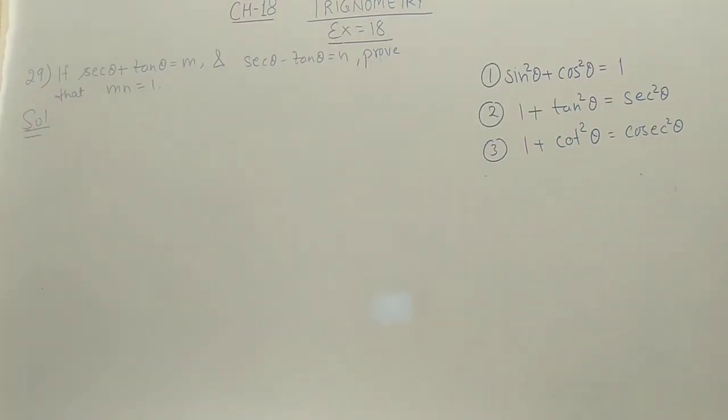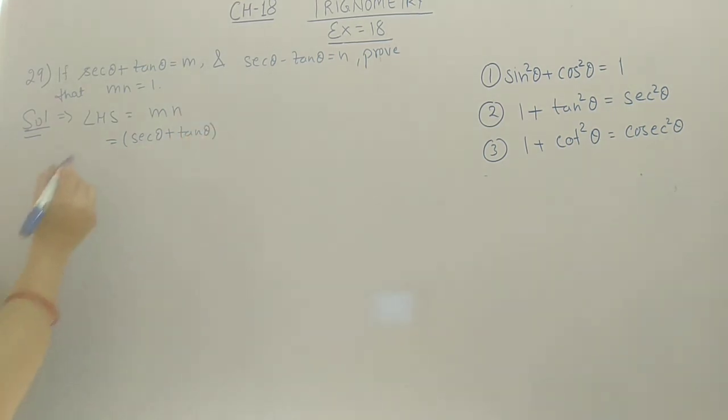Next question number 29. If sec theta plus tan theta is equal to m and sec theta minus tan theta is equal to n, we have to prove mn is equal to 1. So we'll start from here. Left side if we take, left side is mn. Substitute the value of m: m value is sec theta plus tan theta.